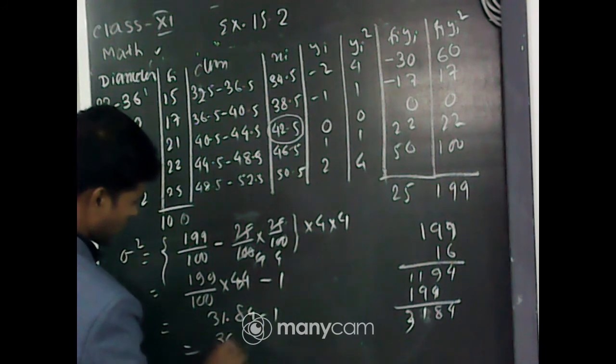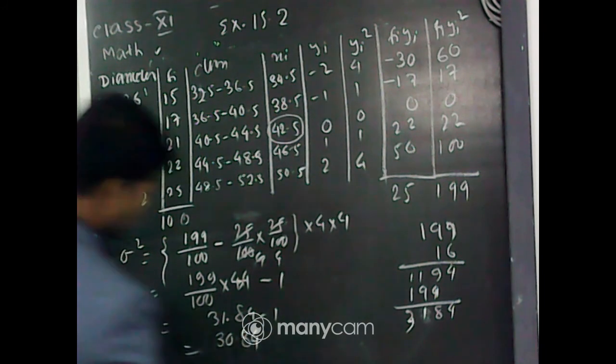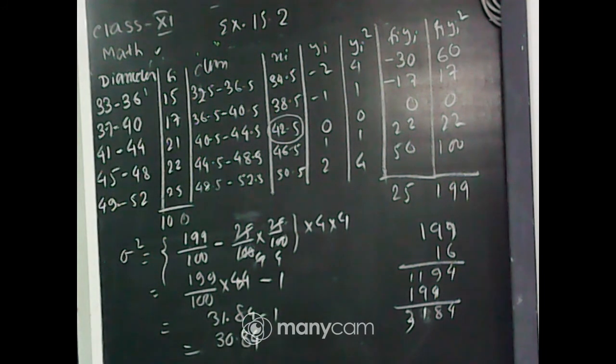So that is 30.84, the variance of the given data. And this is the answer.